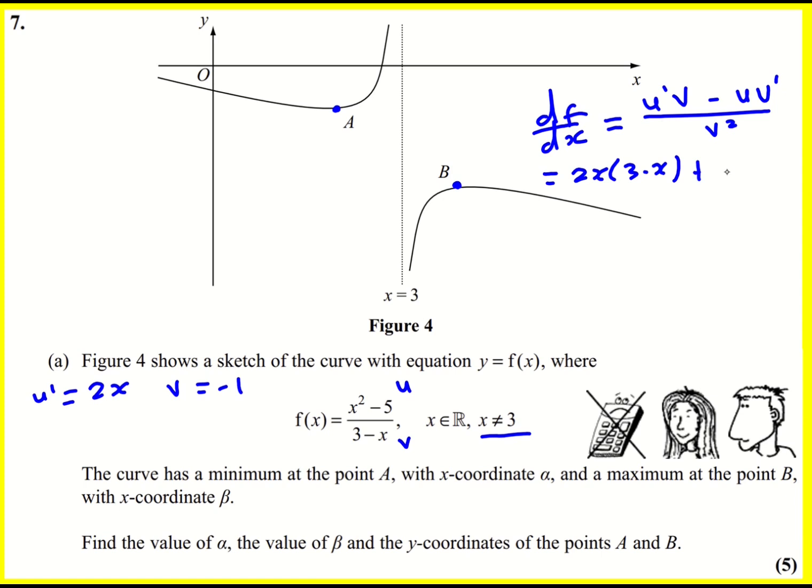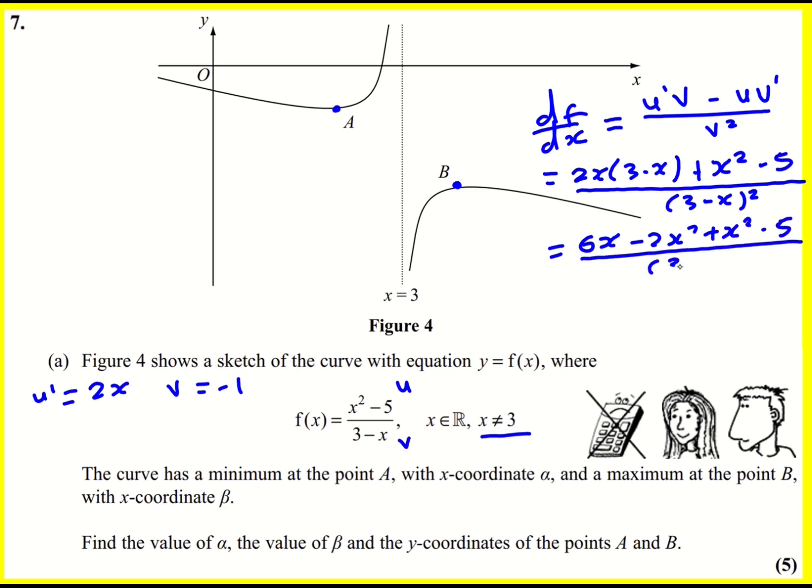So it's actually going to become plus x squared minus 5, all over (3 minus x) all squared. 6x minus 2x squared plus x squared minus 5, which is going to be 6x minus x squared minus 5, and is going to equal 0 for stationary points.